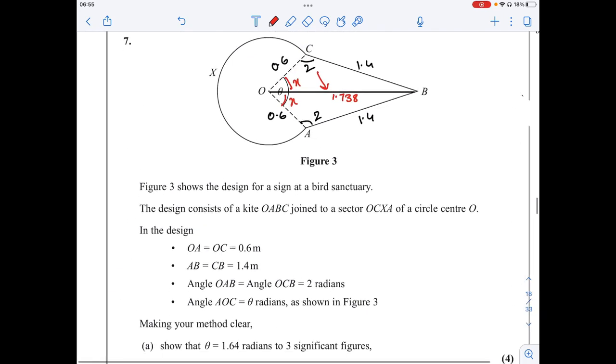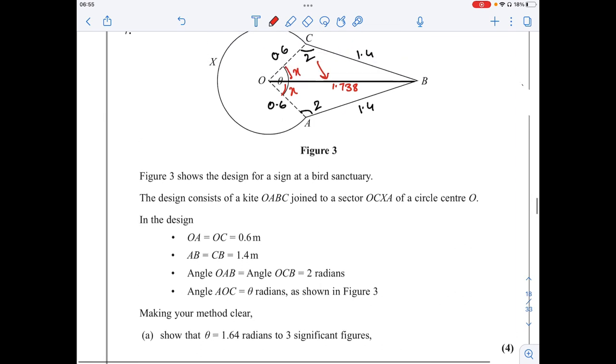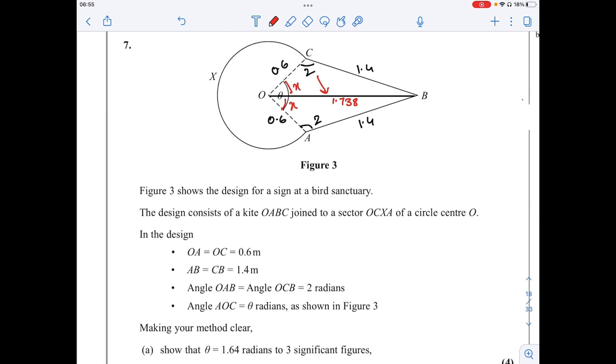Next part of the question is asking, find the perimeter of the sign. How do I find the perimeter of the sign? We have to find the perimeter, which is from arc AC, then AB and BC, add all of these.